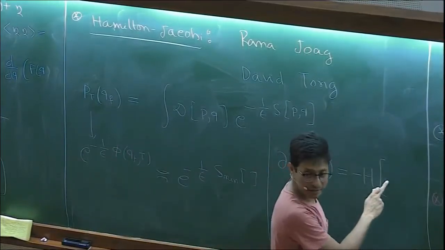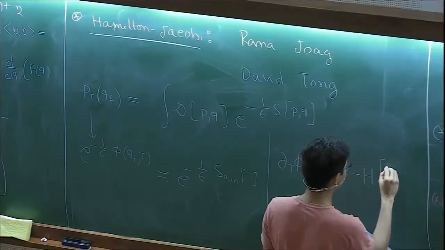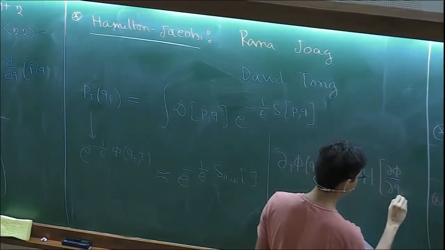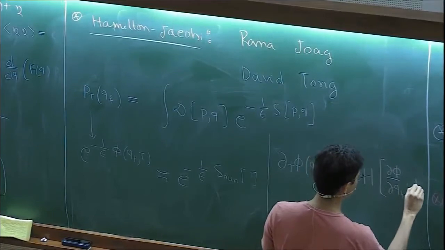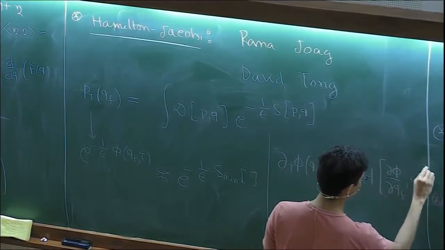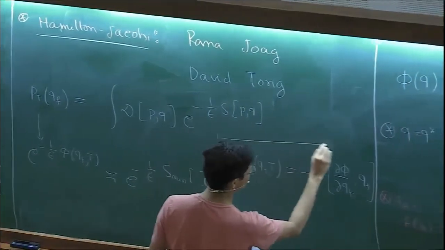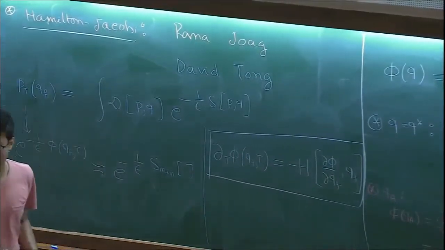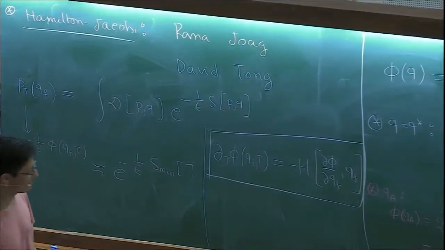In place of p, all I write is del phi del q of f, and then I replace q by qf. This is known as the Hamilton-Jacobi equation in classical mechanics, and I believe most of you have seen it.